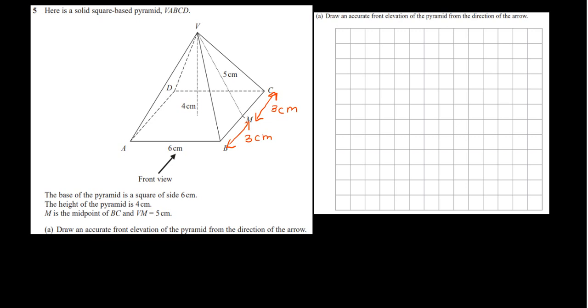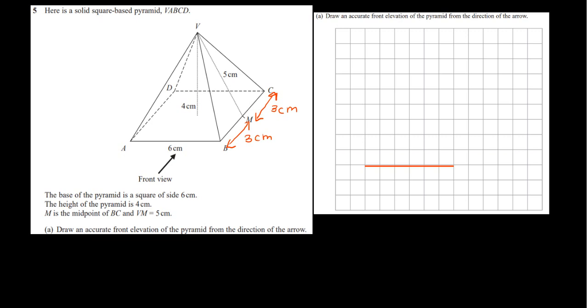So I need to have 1, 2, 3, 4, 5, 6. Is it 6? I need it to be 6. Let me see if I can move that slightly up the line. No, I can't. Okay, so I'm slightly below that, but that's fine.